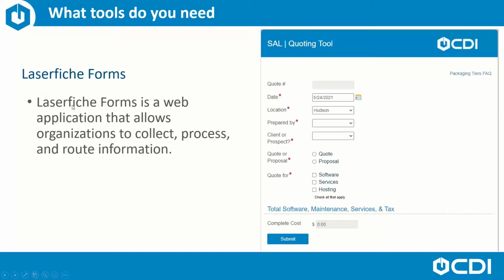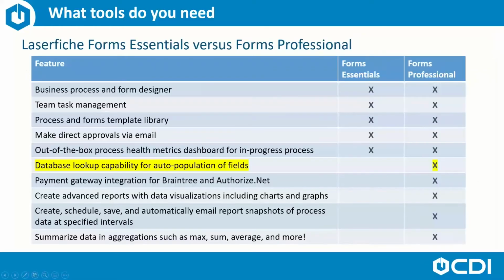Forms Professional is required for this automation process, mainly because of the database lookup capability to auto-populate fields and things like that. The form that I show is going to have a live drop down from our CRM that allows us to pull in information and display it to us in a relevant way. So Forms Professional will be a requirement.